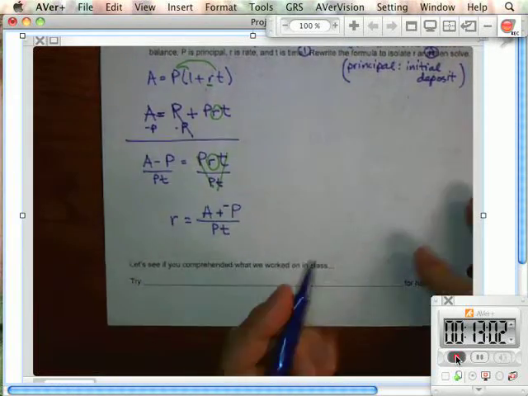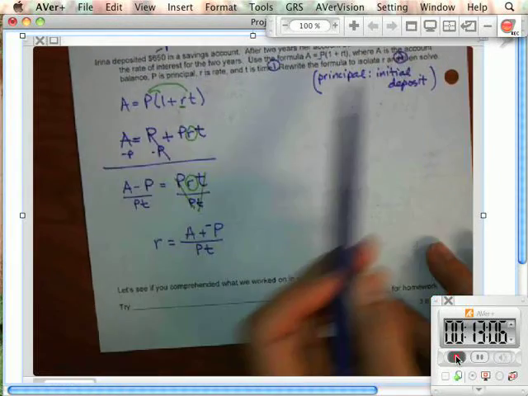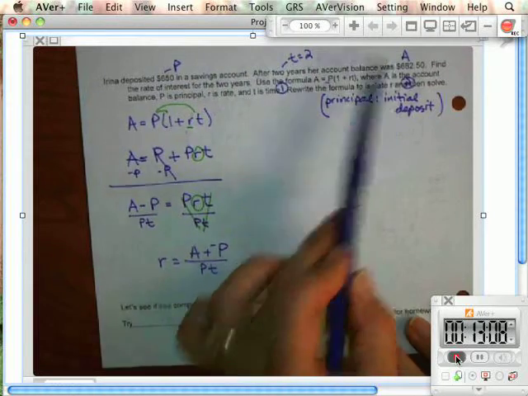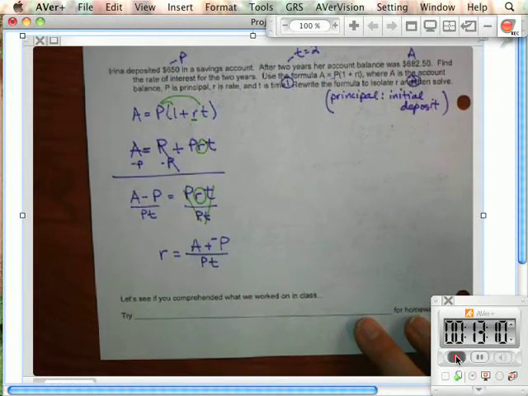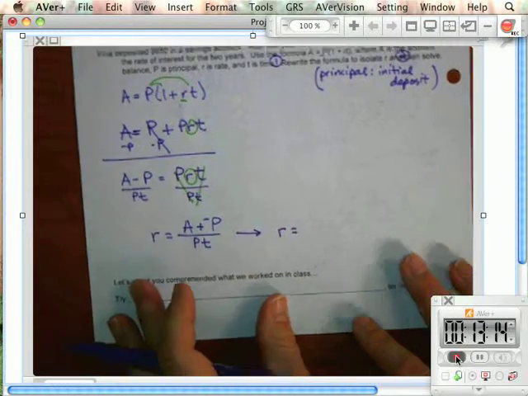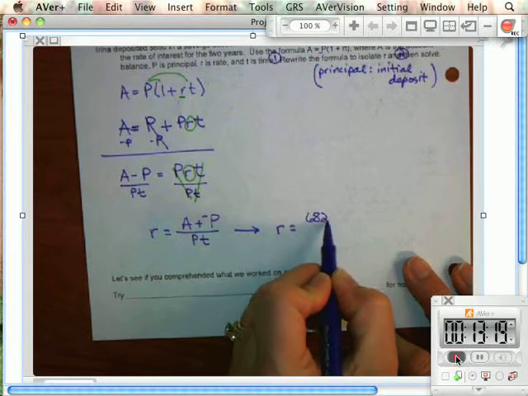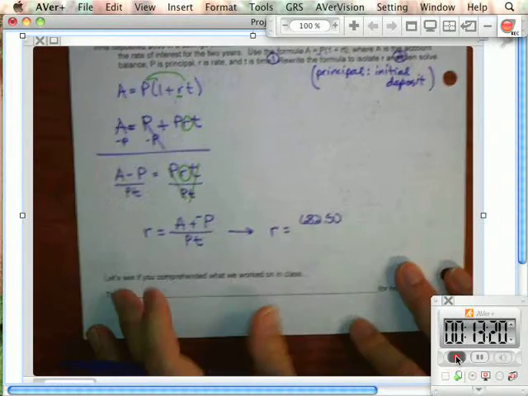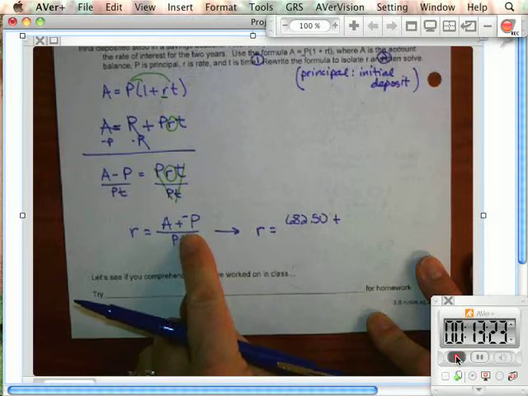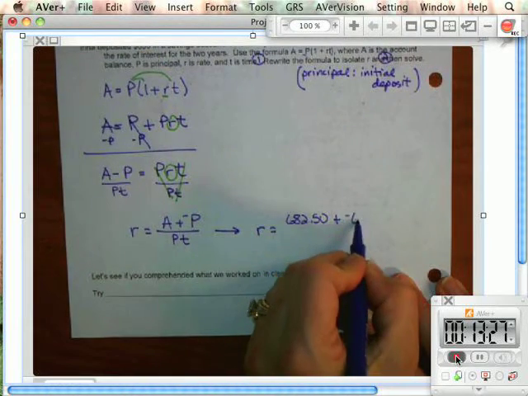Now we're not quite done. Now we have to solve for R, which means we plug in what we know. We plug in what we know. But there's no like 2 P's though. Watch. Plug in what you know. What's the A? The A is 682.50. What's the P? 650. So negative 650.